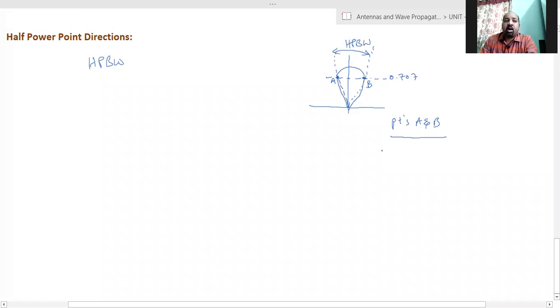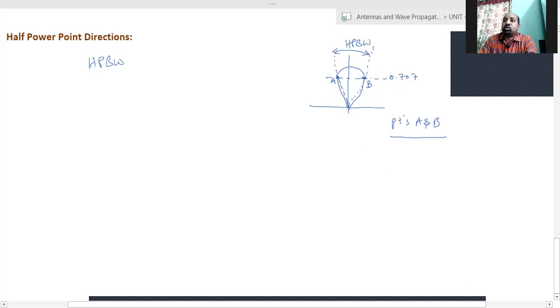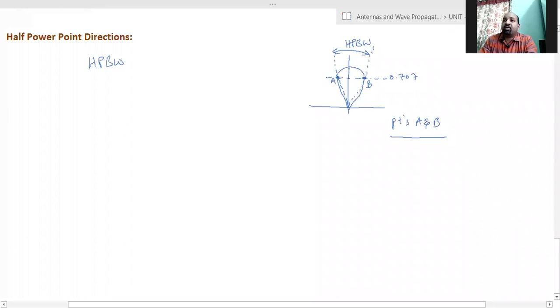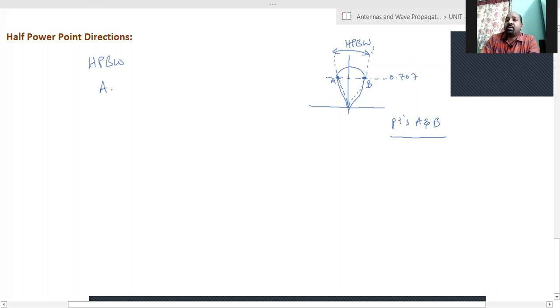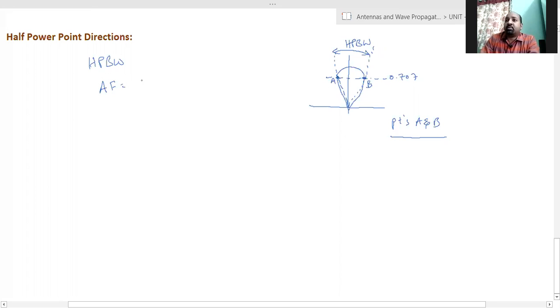Therefore, we need to determine these 2 points so that we can find out the half power beam width. And to determine the half power beam width, again we use the array factor.